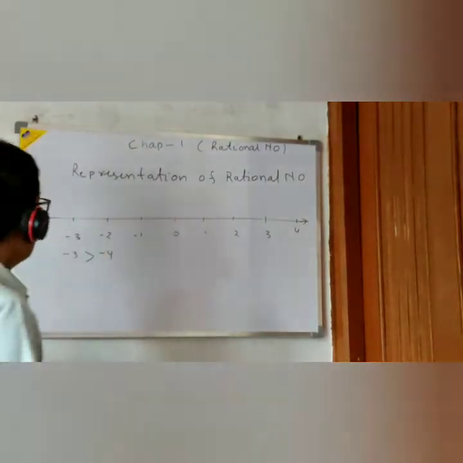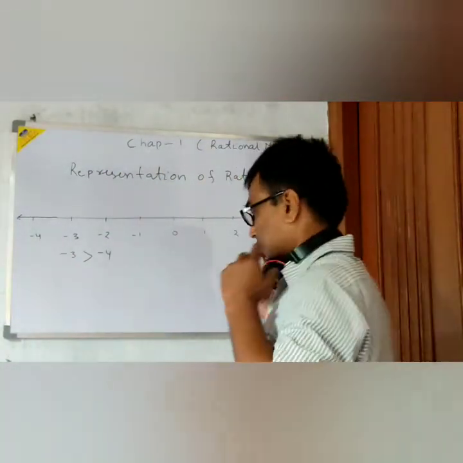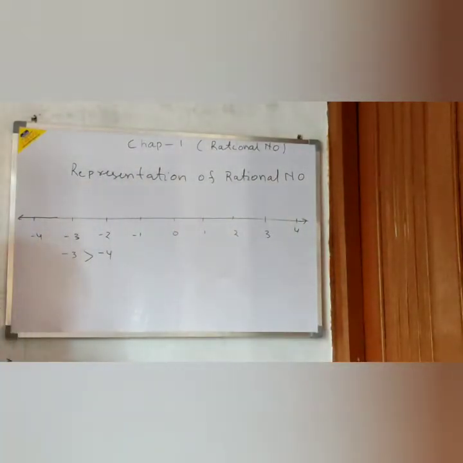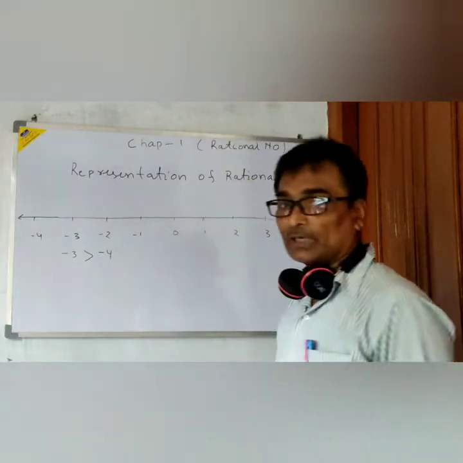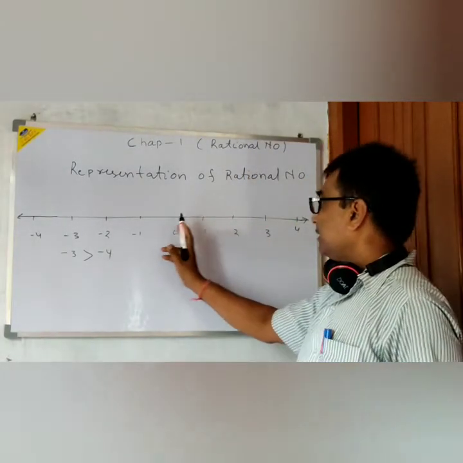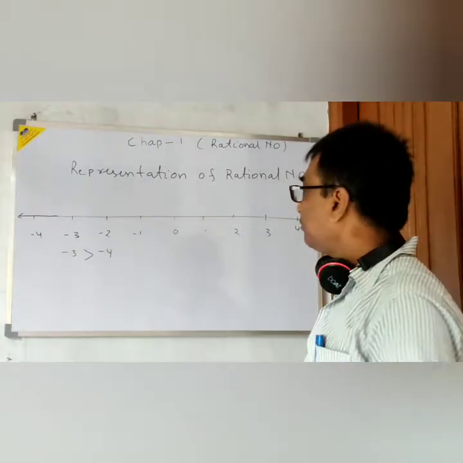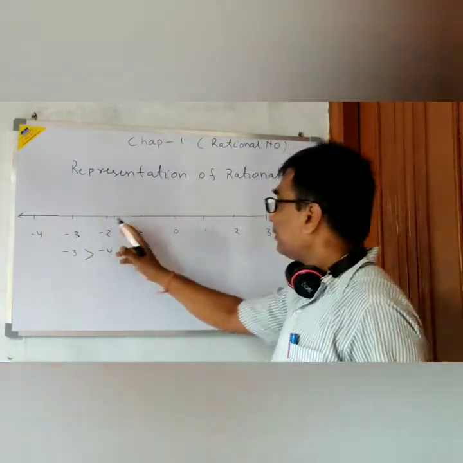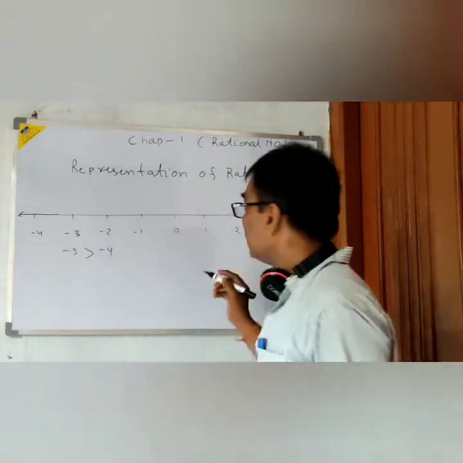Good morning. Now we start about the number line: representation of rational numbers on the number line. You know about the number line. On the number line, left side numbers are negative and right side numbers are positive. If you go to the left side of the number line, numbers decrease, and when we go to the right side, numbers increase.